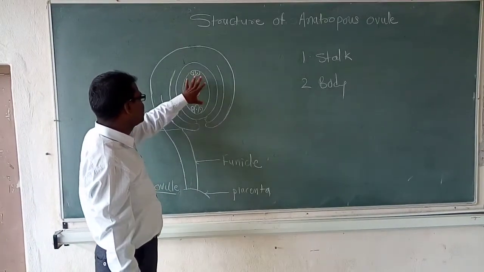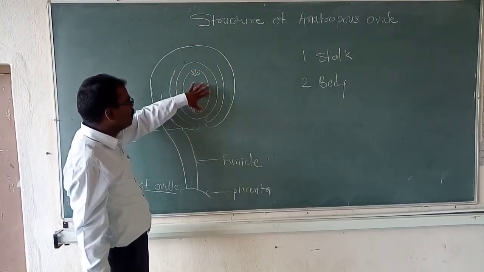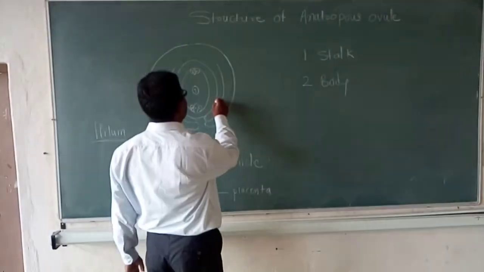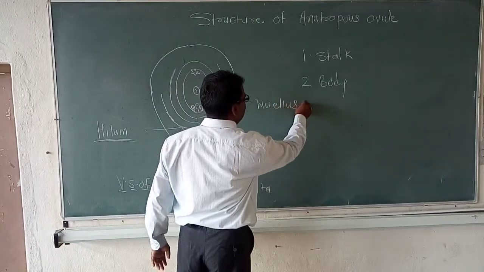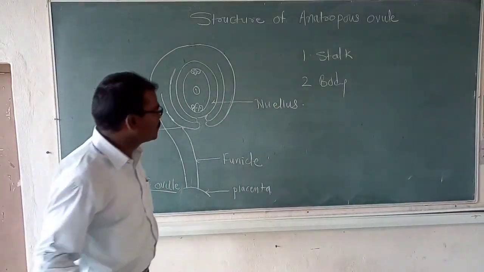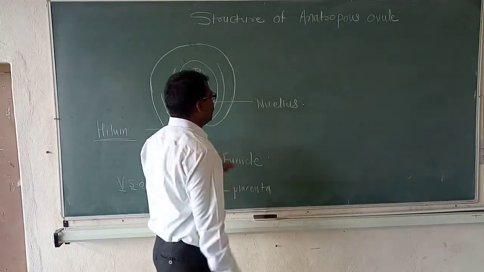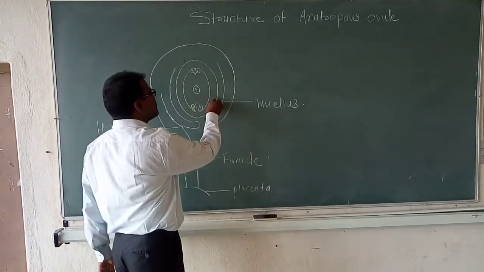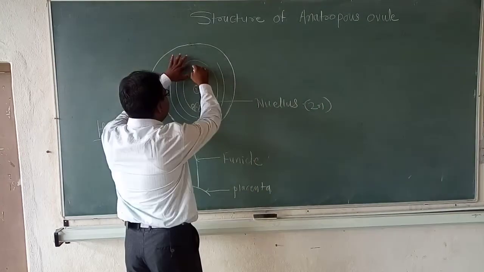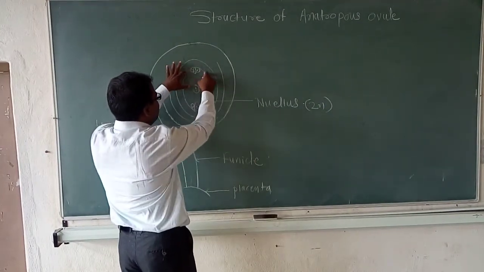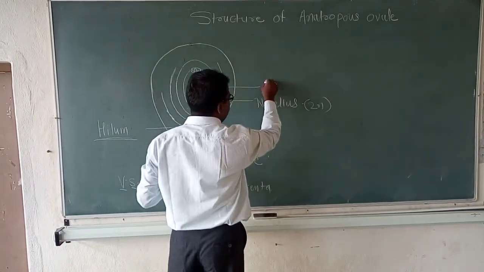The main important part of the body of the ovule is nucellus. This is the nucellus. Nucellus is a multicellular diploid structure around the embryo sac.